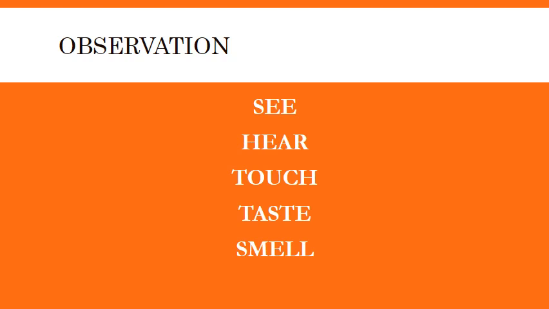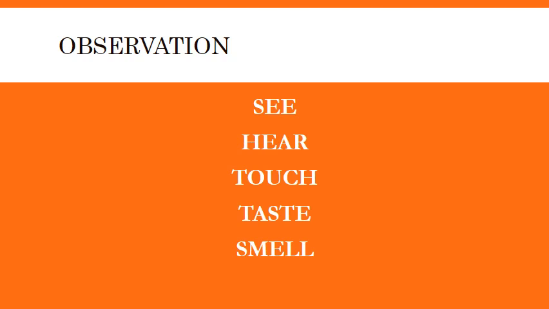How come this word observation is important? Actually, chemistry is the study of matter. So, to study matter, we need to observe matter very carefully through the help of our five senses and also observe the changes it undergo.